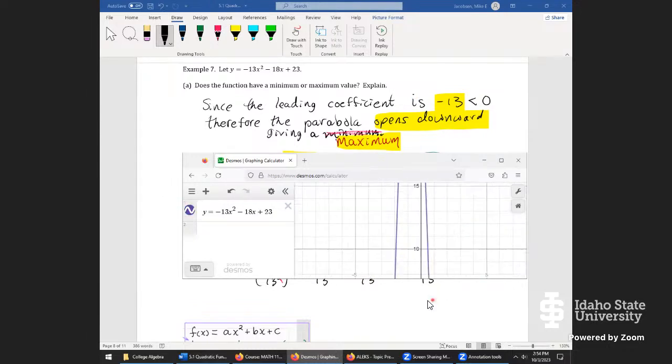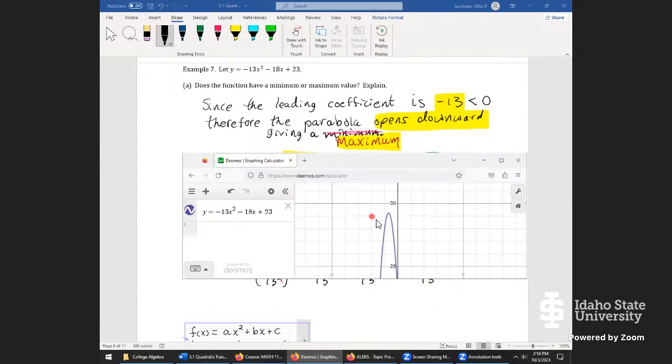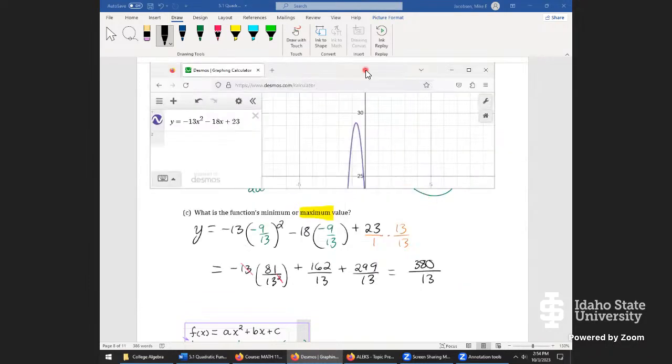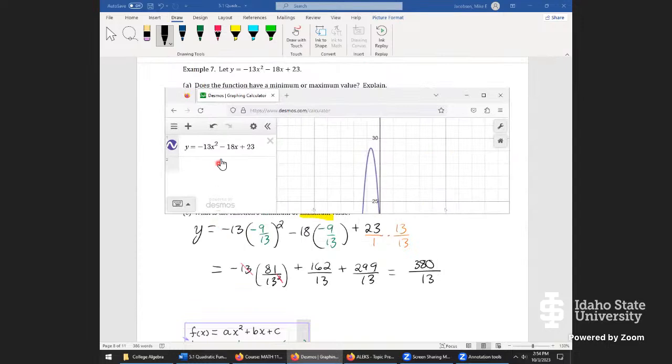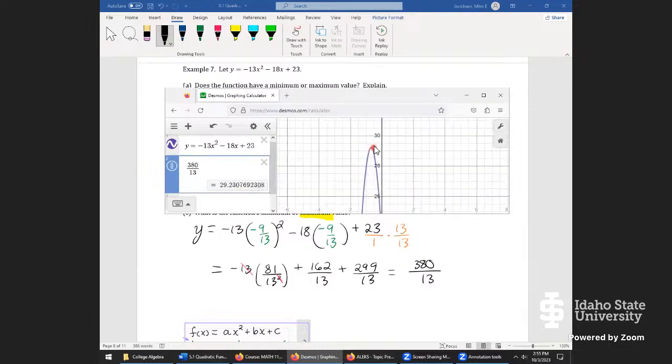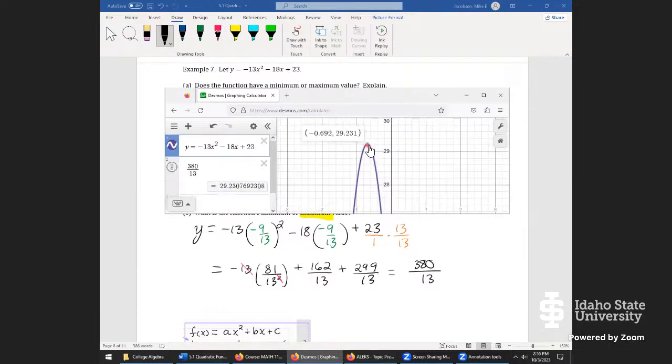Then, as promised, it is opening downward. We have a maximum value, and our maximum should be 380/13. Let's see what that equates to. That should be about 29.230. Then if we click on the graph, let's see how close we got.